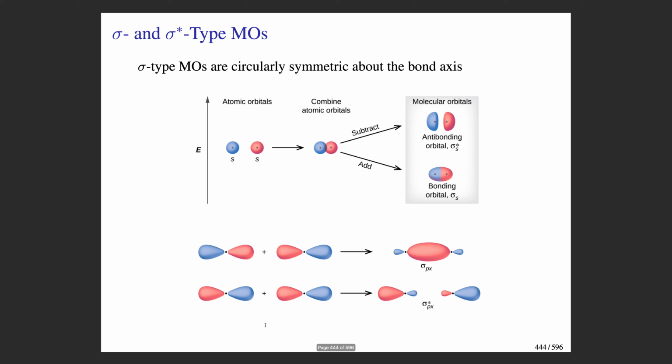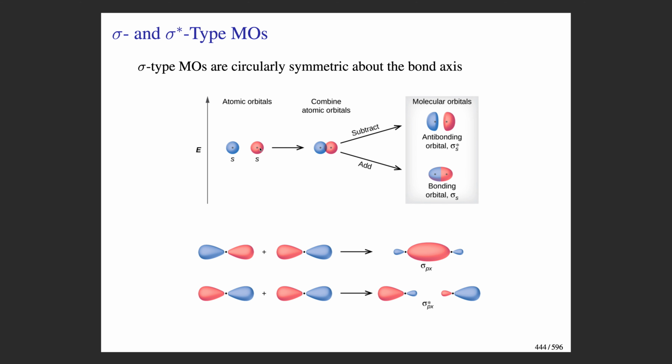Well, it's helpful to look at pictures, and so let's talk about some sigma-type molecular orbitals. Let's just start with the simplest case of a diatomic, and this could be H2, for example, diatomic hydrogen. You have one hydrogen atom, and this is its 1s orbital. You have another 1s orbital on a different hydrogen.